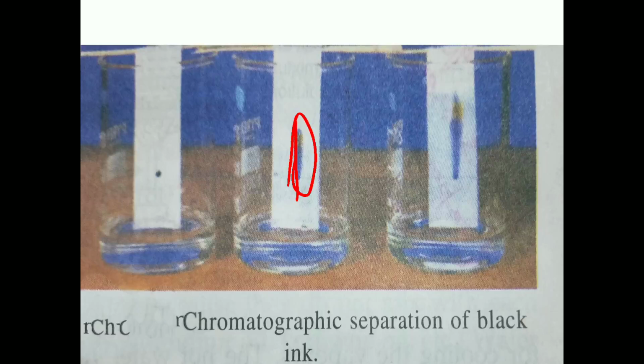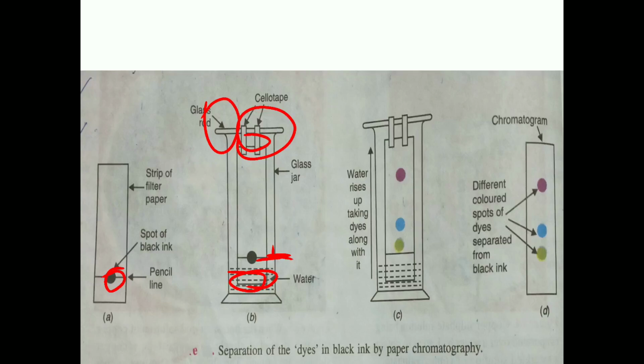And dyes which are more soluble in water dissolve first, rise faster and produce a colored spot on the paper at a higher position, and the less soluble dyes dissolve a little later, rise slower and form colored spots at lower heights. In this way you can see the water rises taking the dyes along with it.